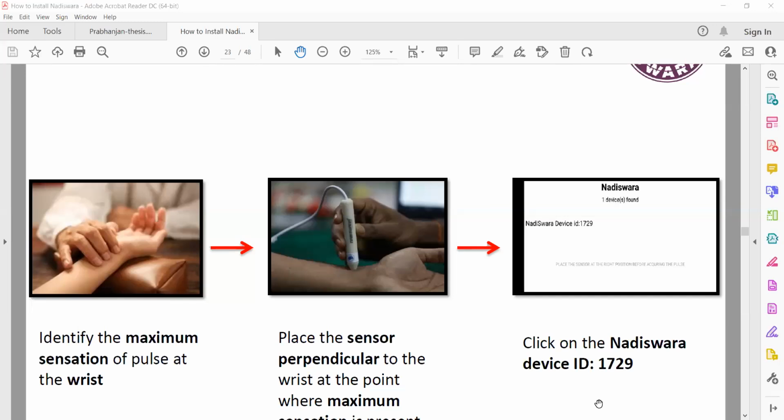In Ayurveda, we call it Vata, Pitta and Kapha. We recommend you to follow the same procedure.